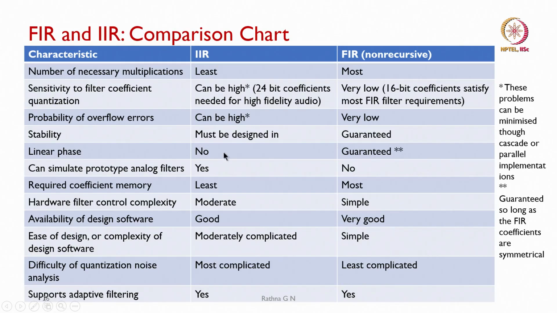Otherwise IIR does not provide linearity of phase, whereas FIR guarantees it. One example is that both of them support adaptive filtering. We will consider it after a few classes.